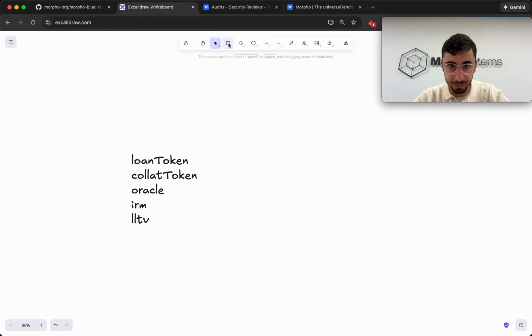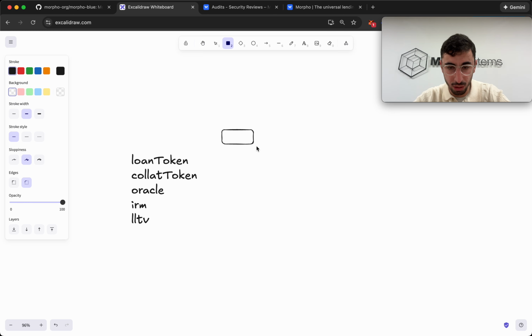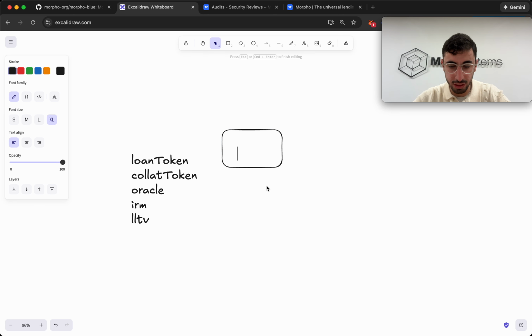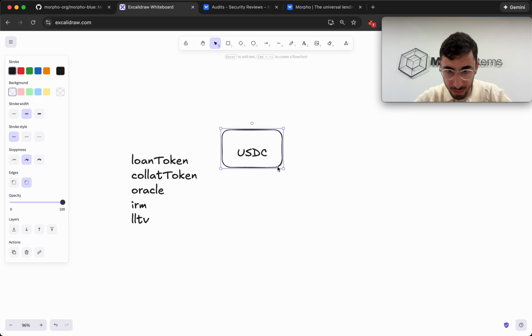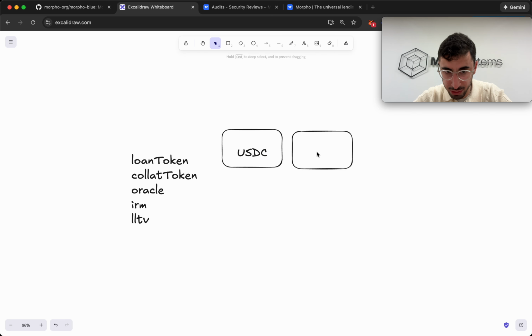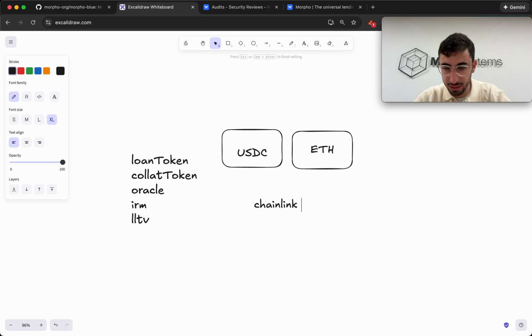So let's say the loan token is USDC, and we have a collateral token, which is ETH, and the oracle is the Chainlink ETH USDC oracle.